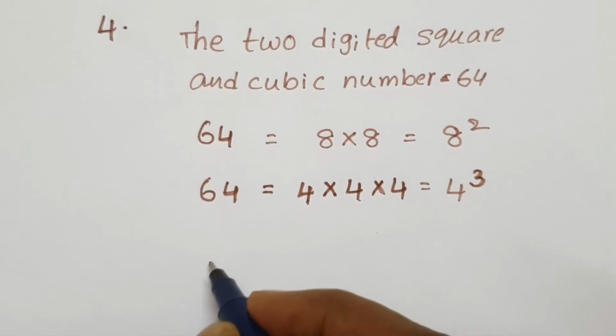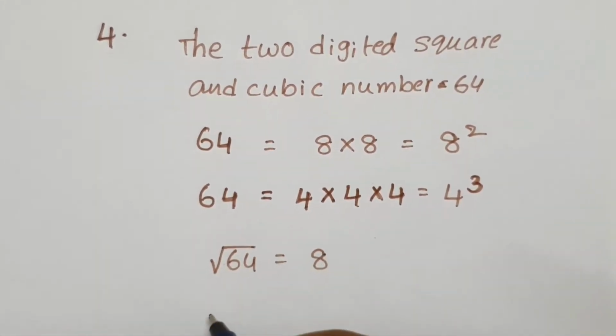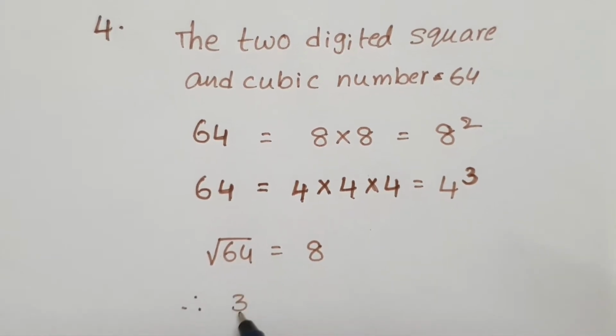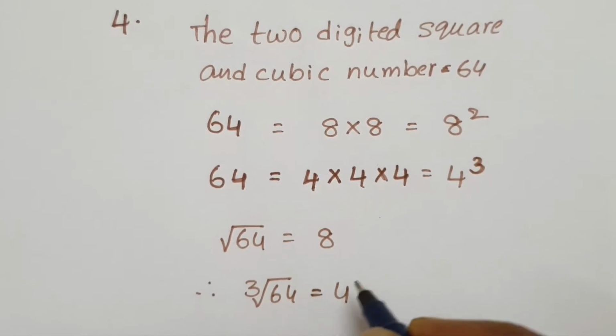Finally, the square root of 64 is 8 and the cube root of 64 is 4.